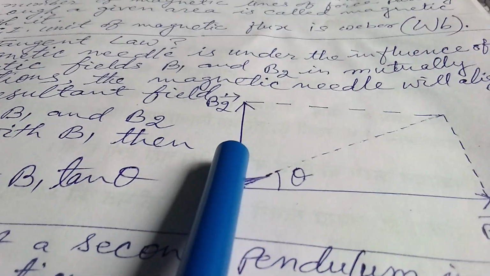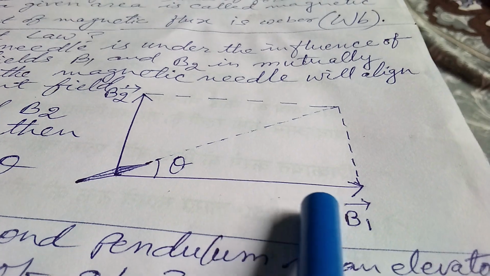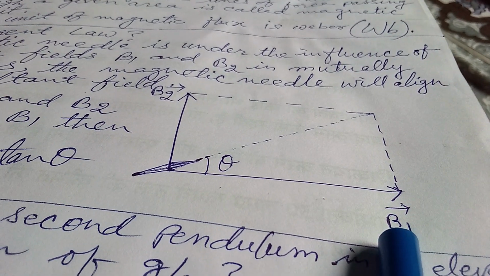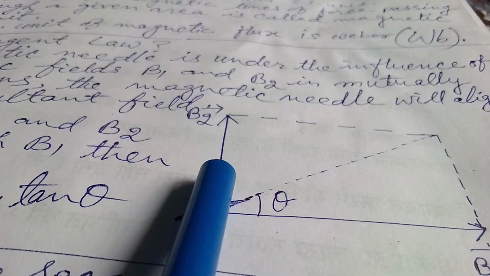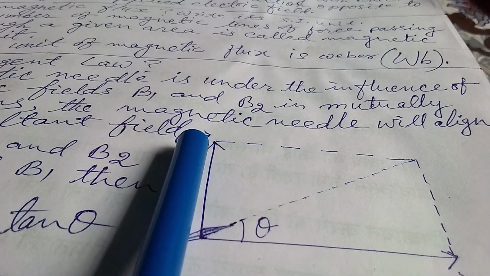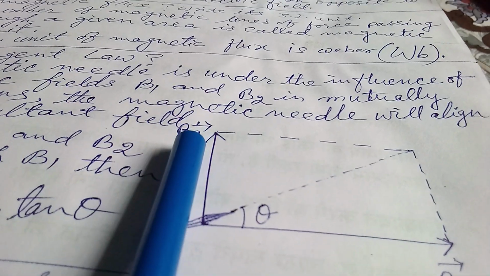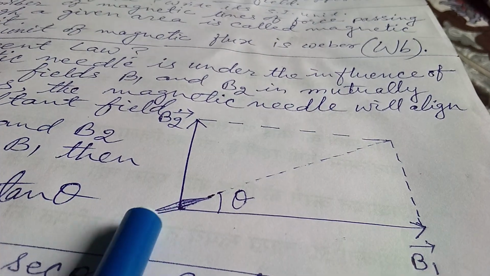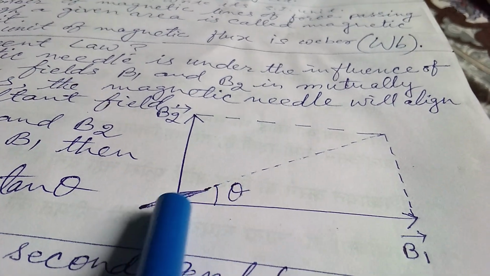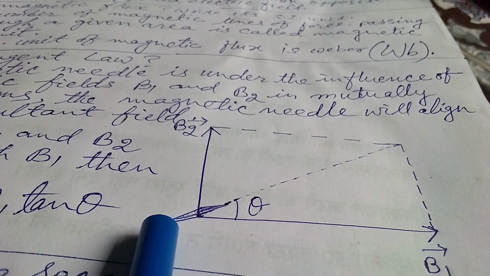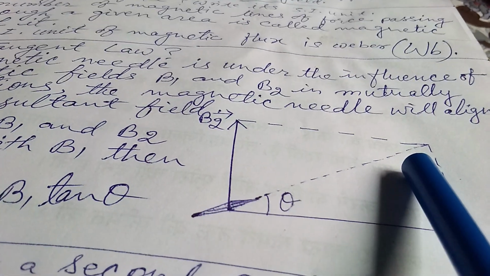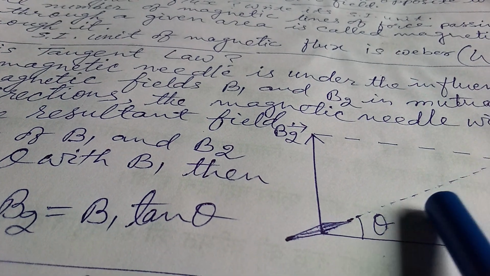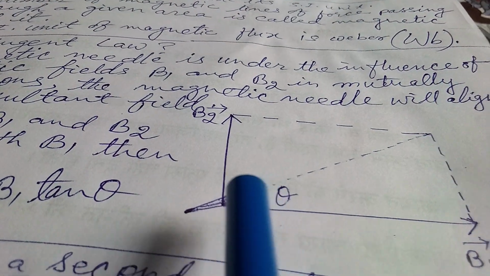B1 tan theta. Here you find that in the horizontal plane B1 is there, and in the perpendicular vertical direction it is B2. B2 and B1 are both mutually perpendicular to each other, and this is the compass needle, and the resultant field is making angle theta with this.